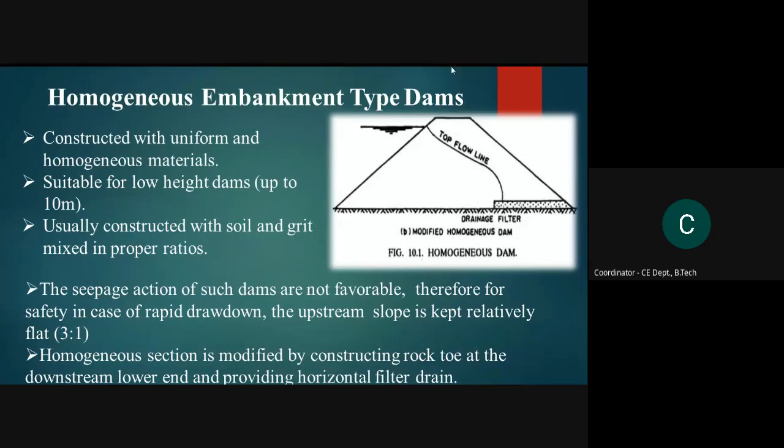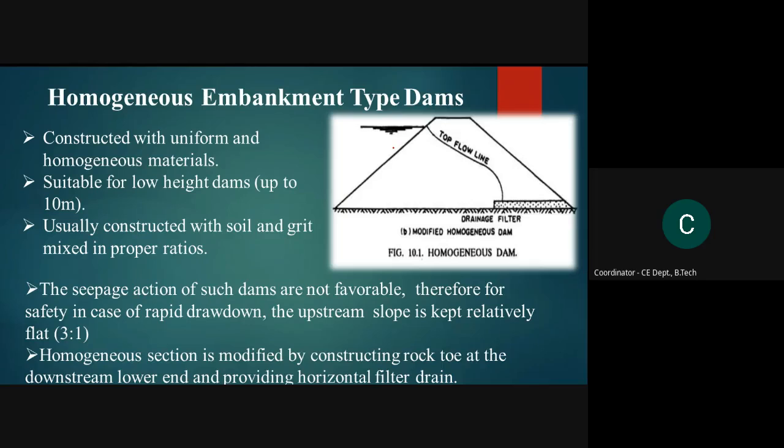Now, next, let us come to the types of earthen dam by describing their orientation. This is a homogeneous embankment type dam. As the name suggests, homogeneous means the type of material used in this dam is mostly the same.